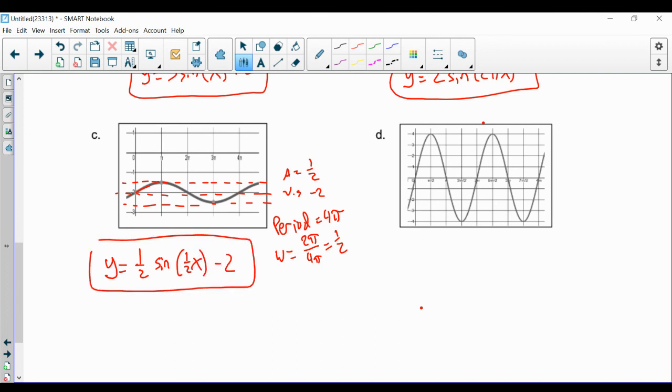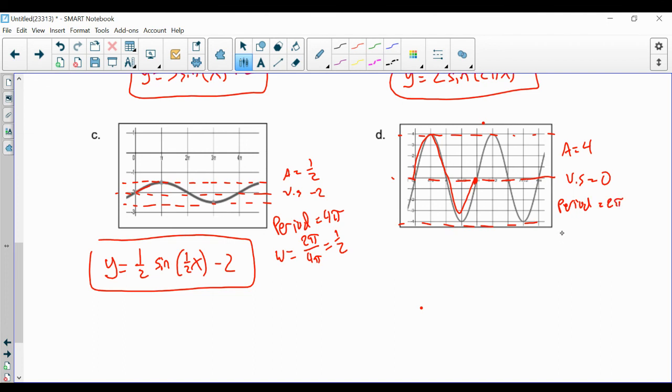And there we go. And then this last one, our max is up here, min down here, so the center is here. So that means our vertical shift is 0. Amplitude is 4. The period, don't get tricked with this one. The period is just 2 pi, right? We actually had a few periods drawn here.